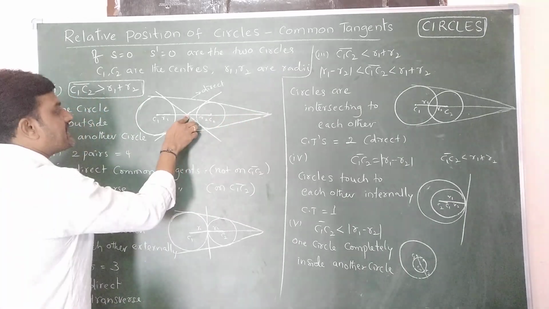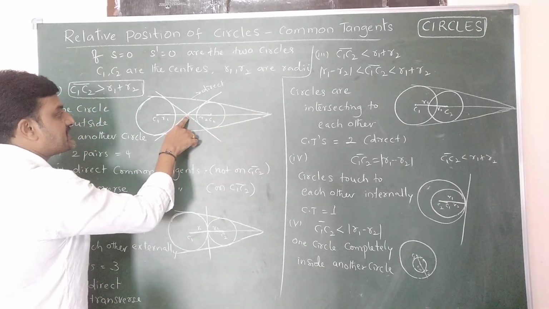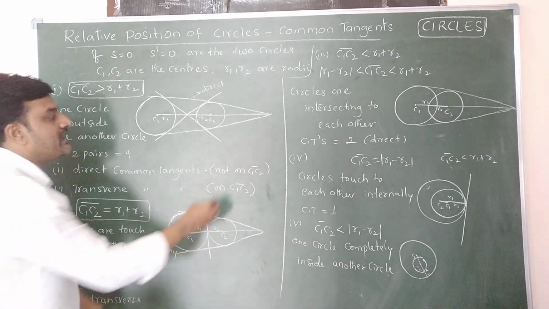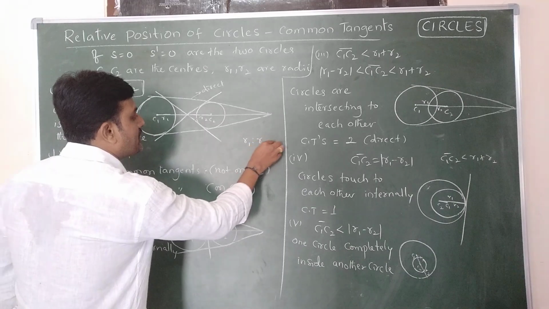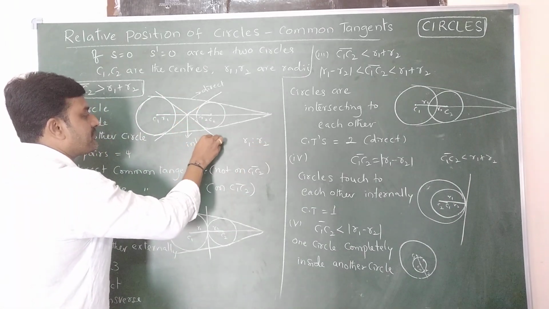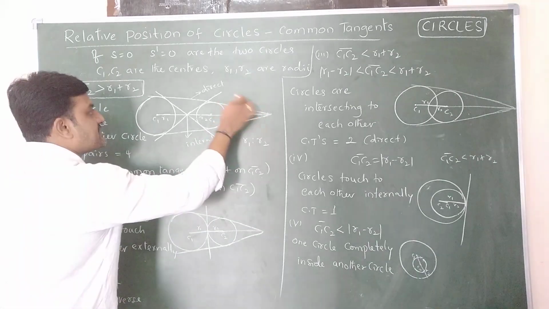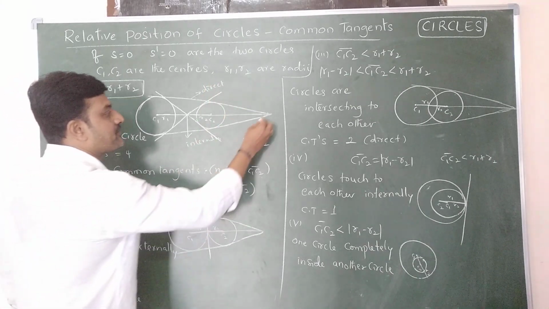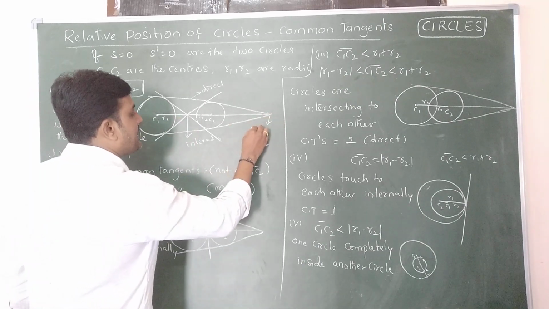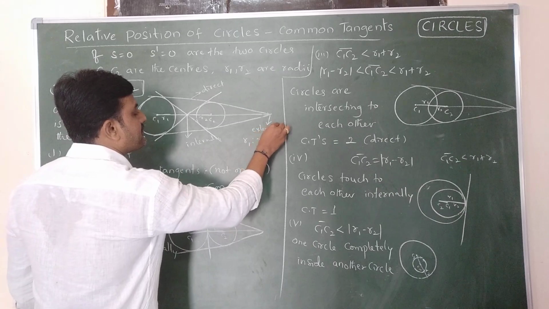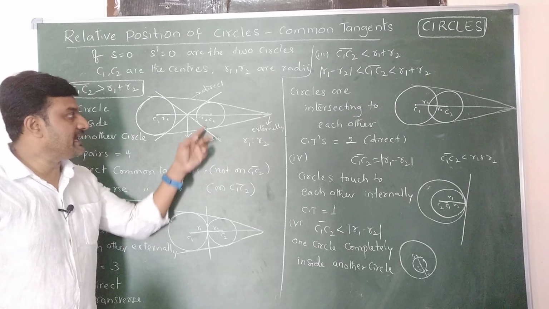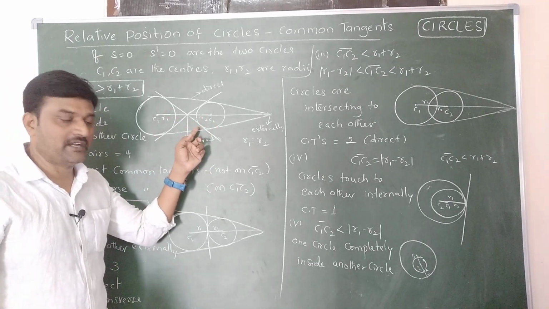The point of intersection divides C1C2 in the ratio R1 to R2 internally. The point of intersection of direct common tangents divides C1C2 externally. By taking these conditions, we can solve direct and transverse common tangents.